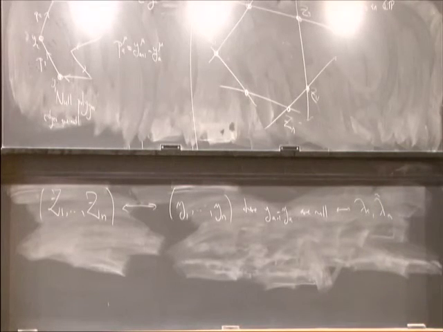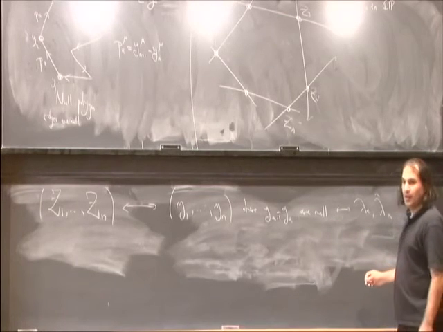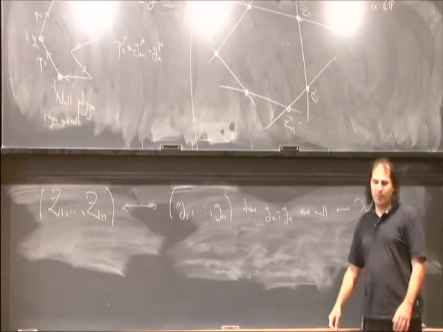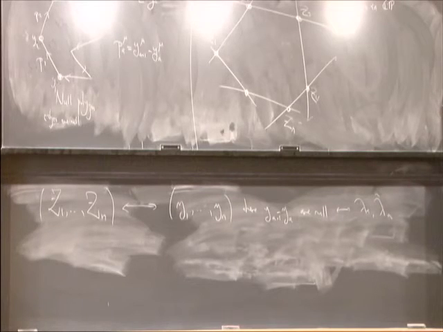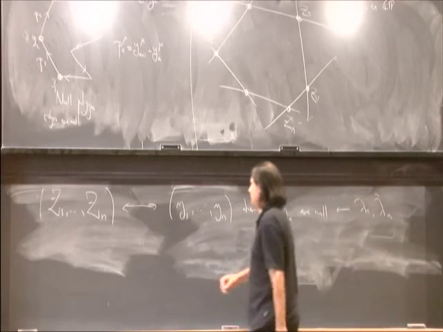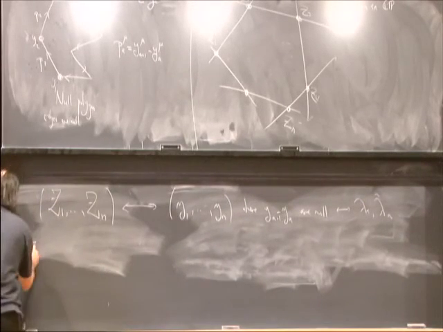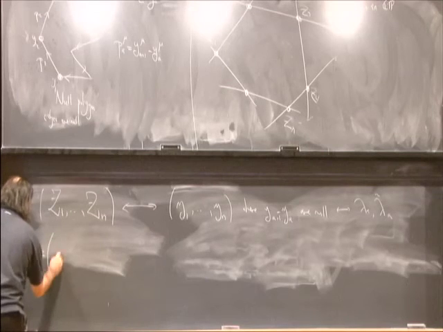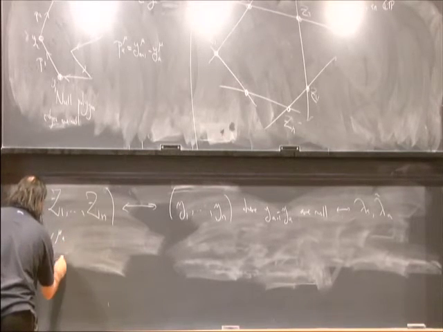Actually, let me first write down just the explicit formula. Okay? So the explicit formula is simply the following. If you take za, so it's mu a and lambda a.